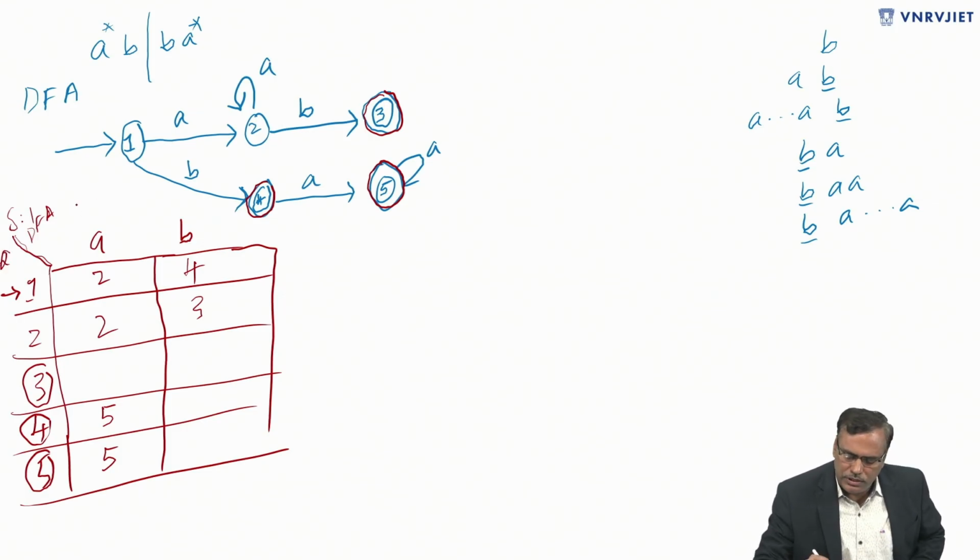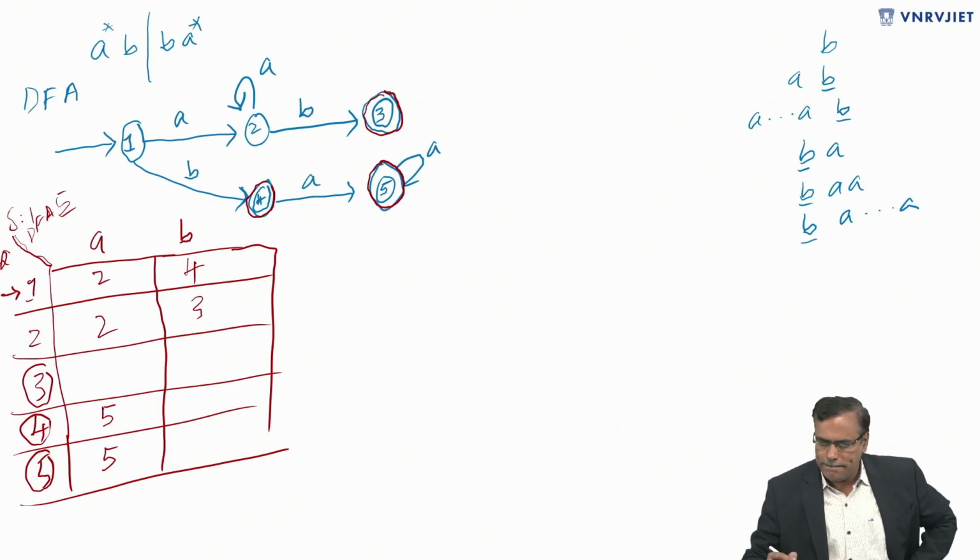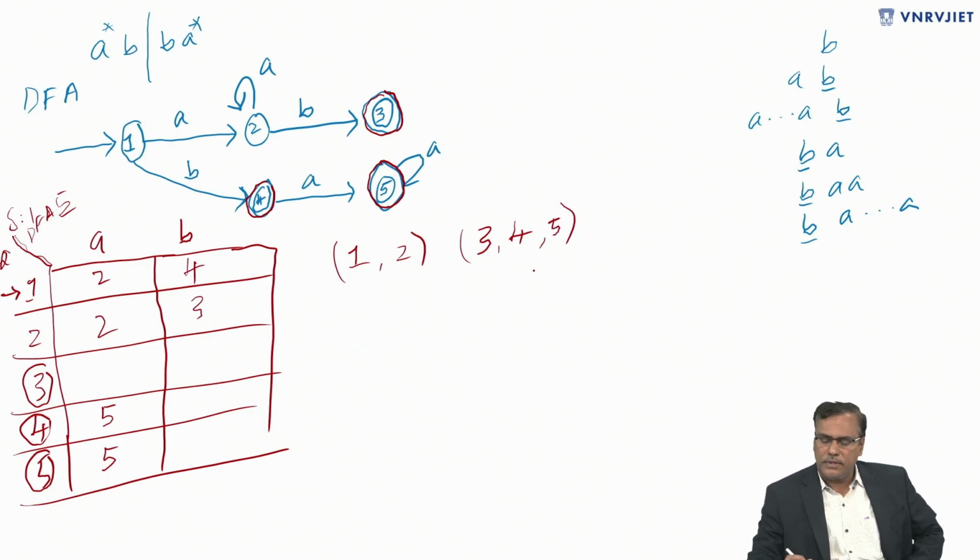These are Q. This is sigma. Right? What you are supposed to do is separate final and non-final states. 1 and 2 are non-final states. You can take them as one group. And the rest of the states, 3, 4 and 5, are all final states.